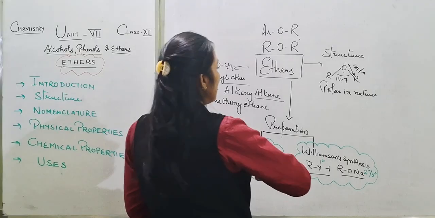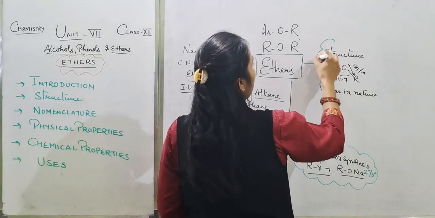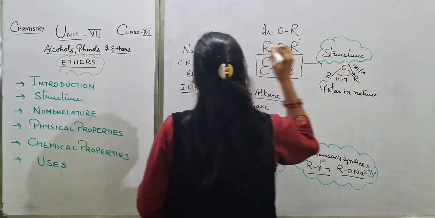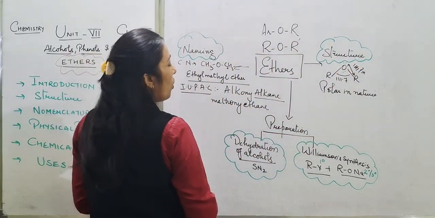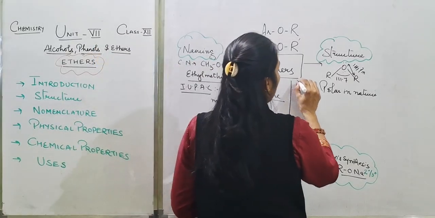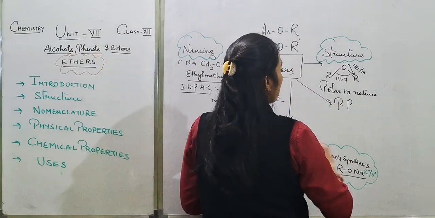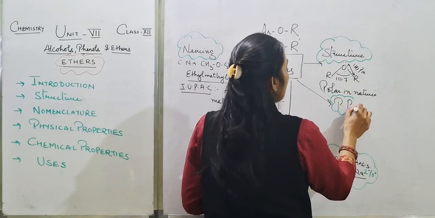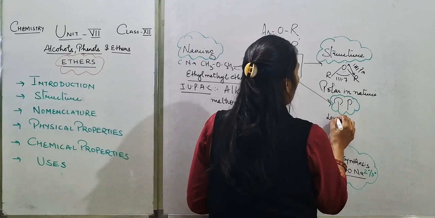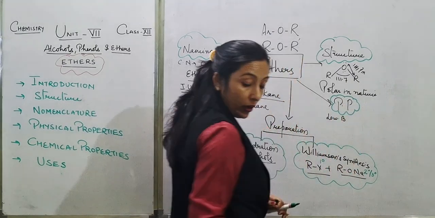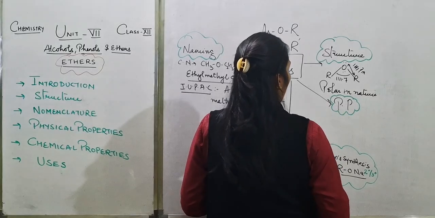And now we will see its physical properties. Let me mark what we are studying. Okay, now we will talk about the physical properties. In physical properties, ethers generally have a high boiling point.